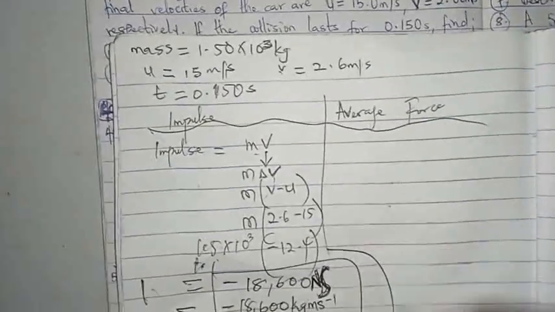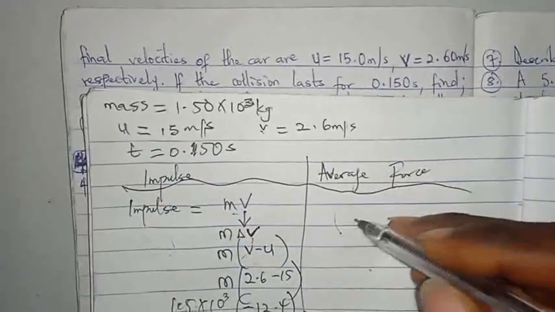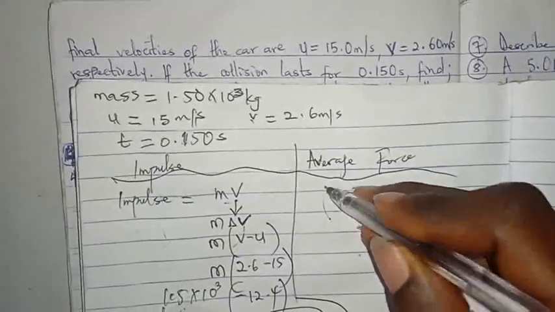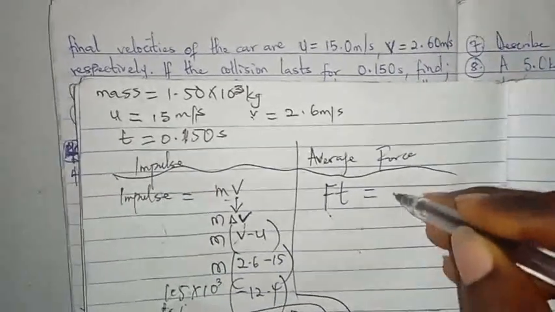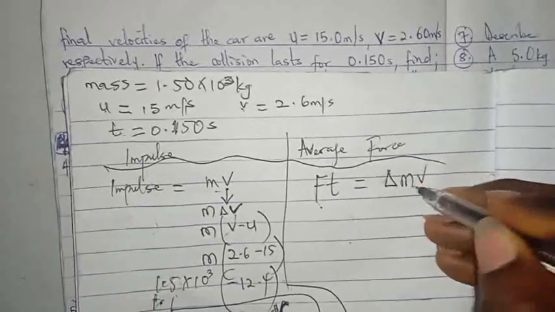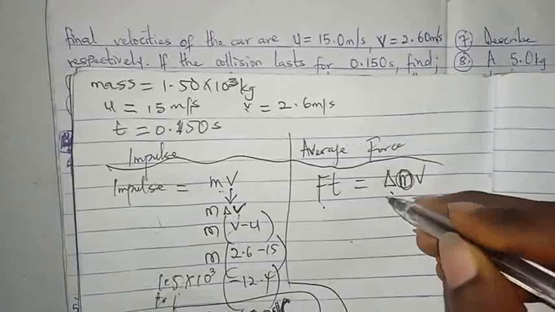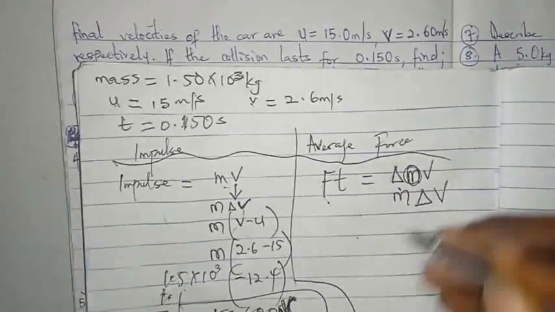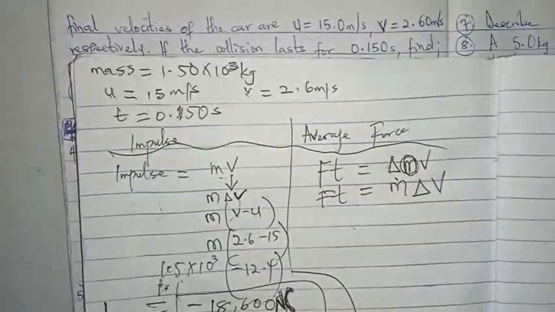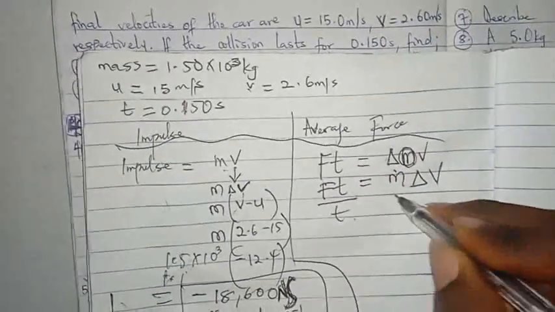So to get the average force now, notice that they gave us time. Everything is simple. So to get the average force, I'll simply say Ft is equals to change in mv. Sometimes putting this change in mv makes it look as if even the momentum will change. No, it's better you put it this way: m change in velocity. Since we are looking for F, divide both sides by t.